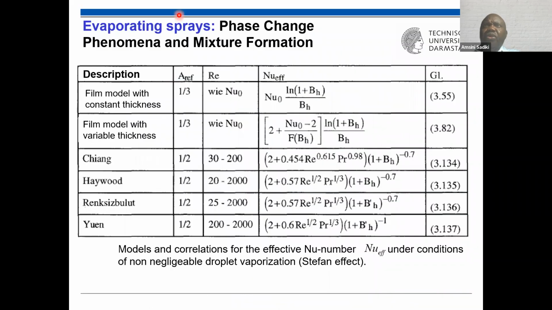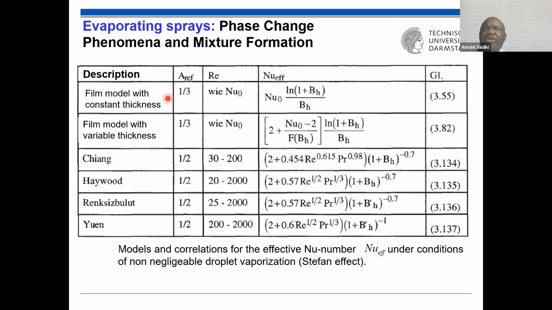With these rules, and defining their correlations in this way experimentally, there are correlations for the case with constant thickness and with variable thickness.